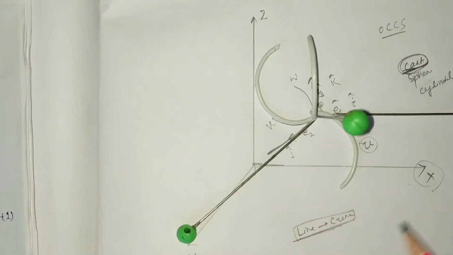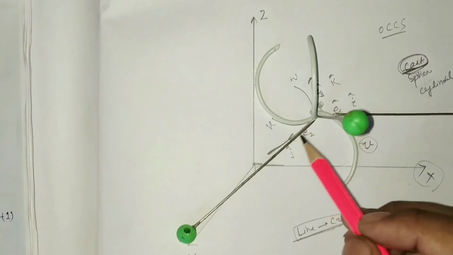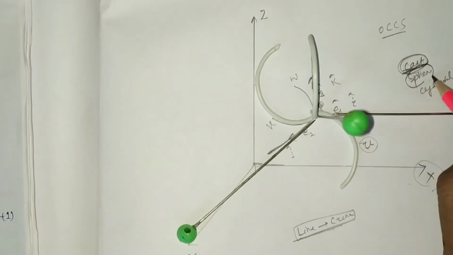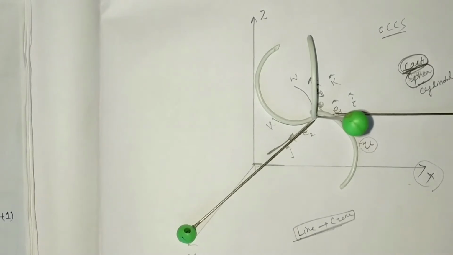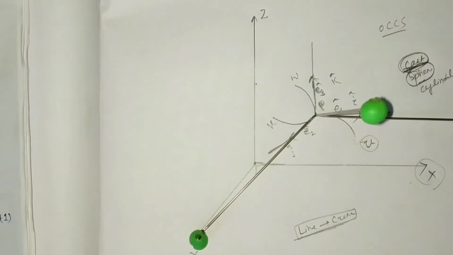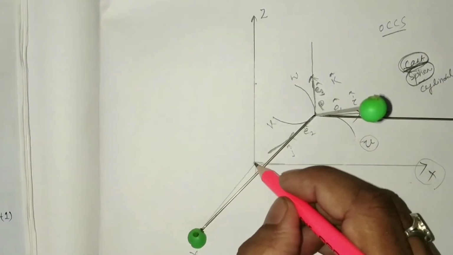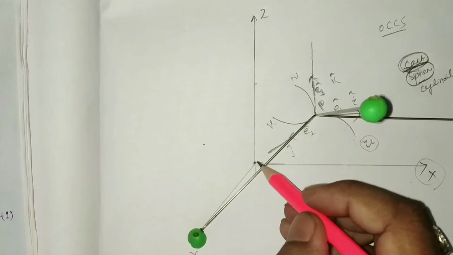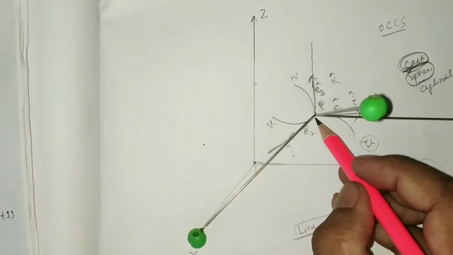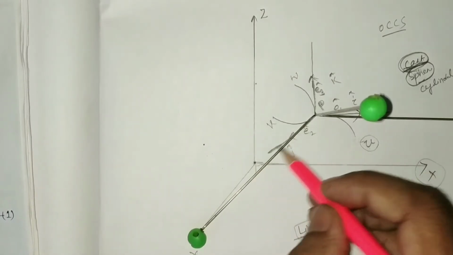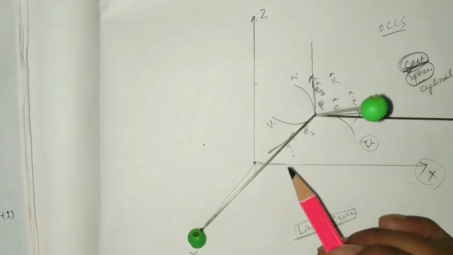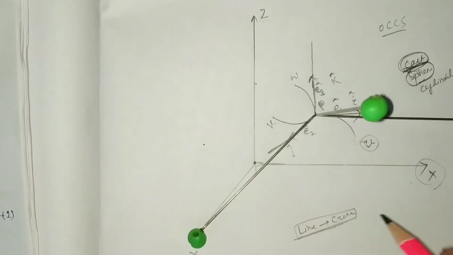Now if we are going to consider these curves belong to spherical polar coordinate system, then what are the curves and what are the unit vectors? So here you can say that if I am going to consider this is the reference point, so what will be the position vector of this point? So the position vector of this point in Cartesian coordinate system will be how much?